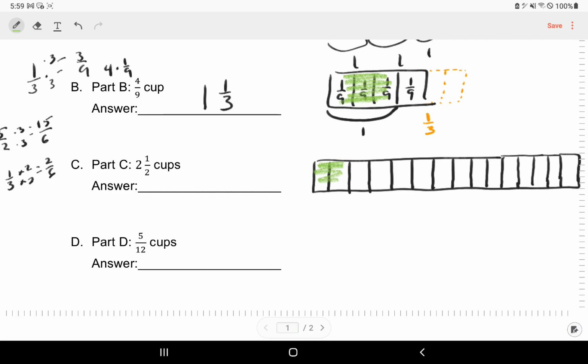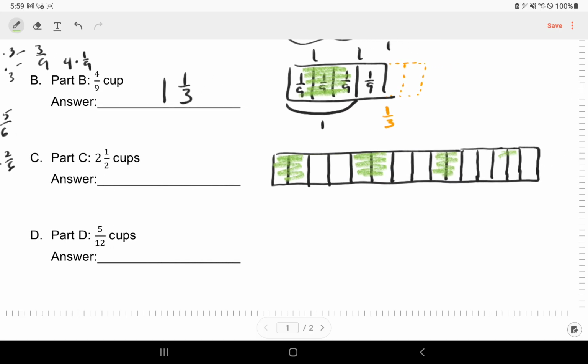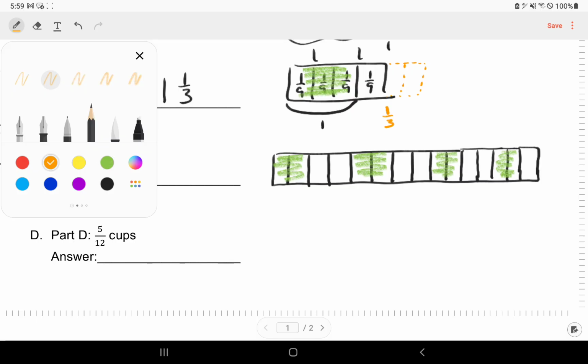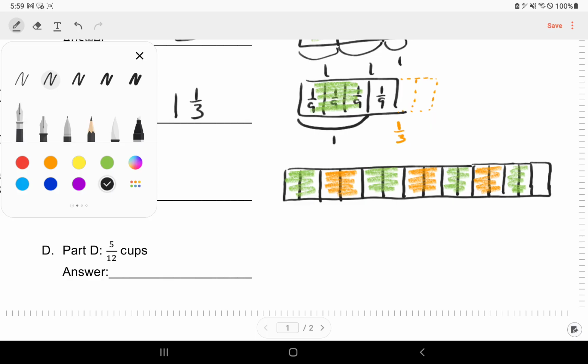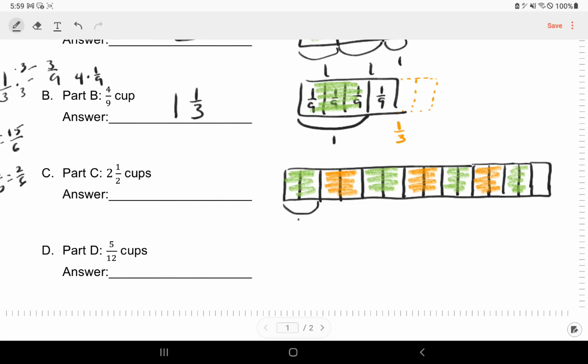So 1, another group, another, and another. And now, just to clarify, so that this doesn't get mistaken, I'm actually going to shade in these ones as well with a different color so they stand out. And now I'll mark it off. So that's 1, 1, 1.